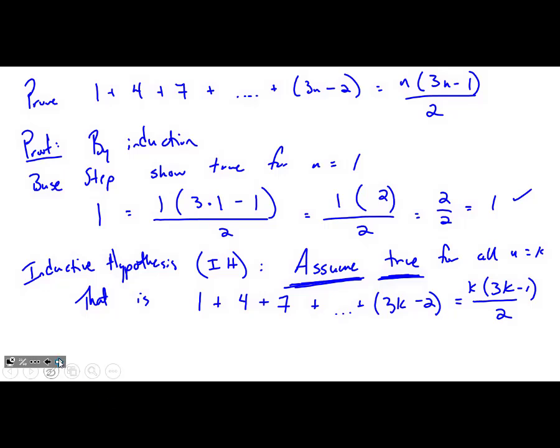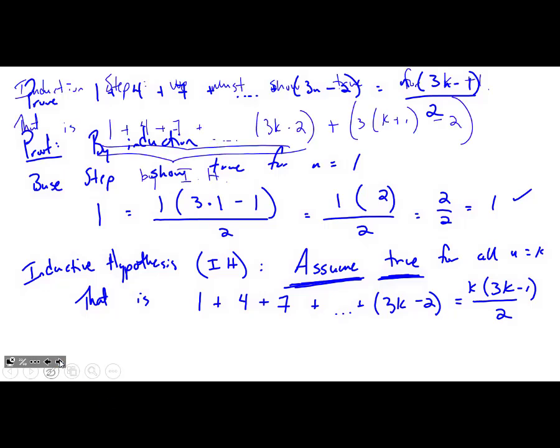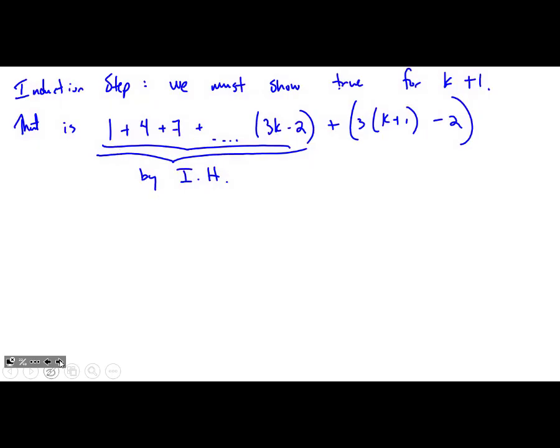So I'm going to write that instead, so k times 3k minus 1 over 2 plus, I'm going to clean up this piece over here algebraically. This cleans up to 3k plus 3 minus 2, so that would be 3k plus 1.